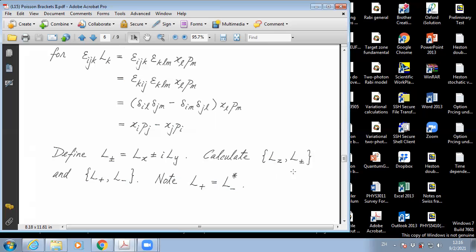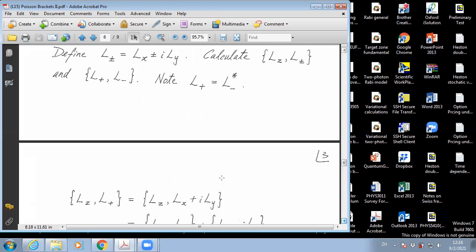And we would like to compute some interesting Poisson brackets: the Poisson bracket between Lz and L plus, the Poisson bracket between Lz and L minus, and also the Poisson bracket between L plus and L minus, all right? And we can easily see that L plus is the complex conjugate of L minus, all right?